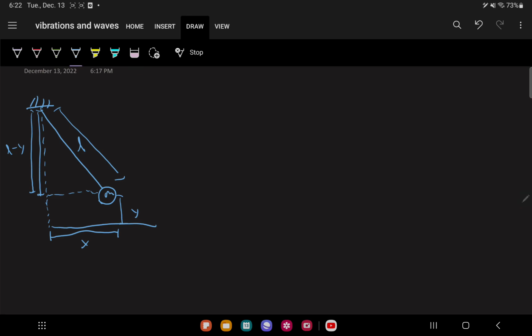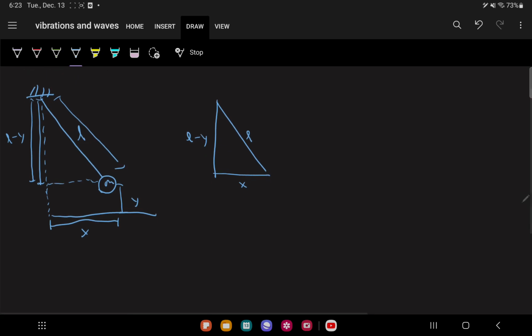So I'm just going to approximate it here and call this distance the length minus y, L minus y. So we have a right triangle that has the bottom as x, the side as L minus y, and the hypotenuse as L, right?